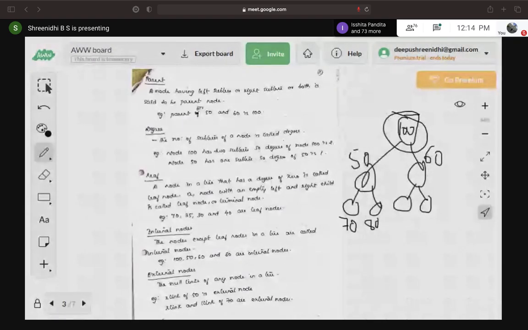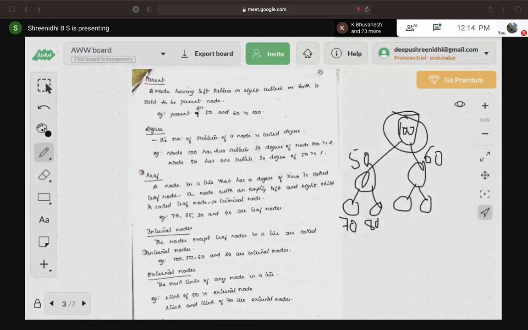Can you see that in the tree? For node 100 we have degree 2, and for node 50 the degree is 1.